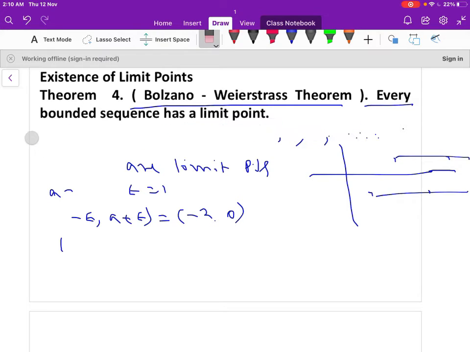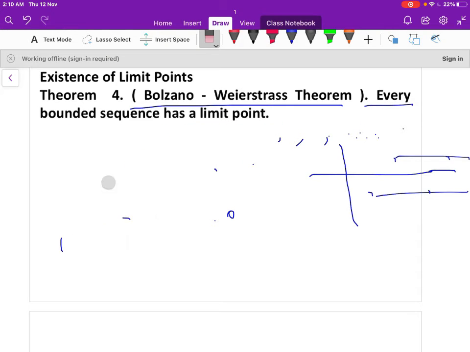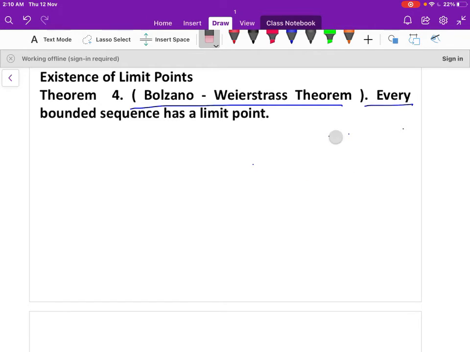Let us move to the proof of the theorem. Suppose the sequence a_n is bounded.